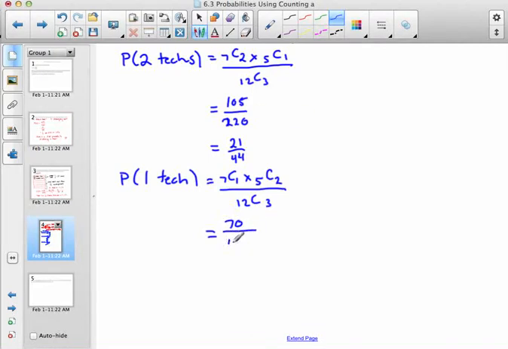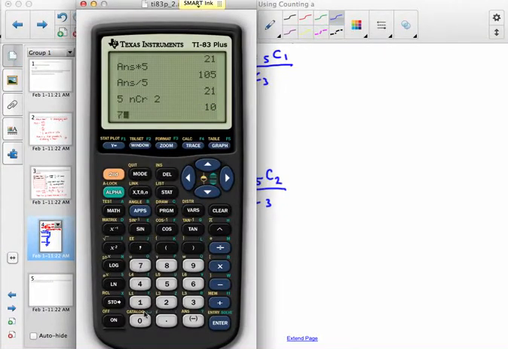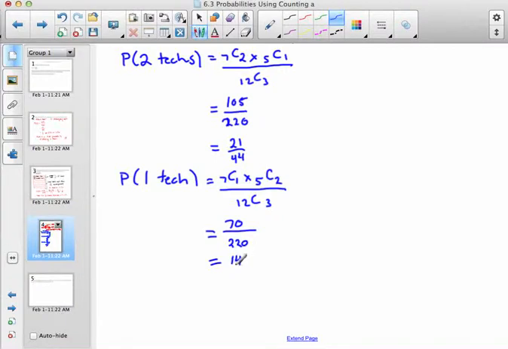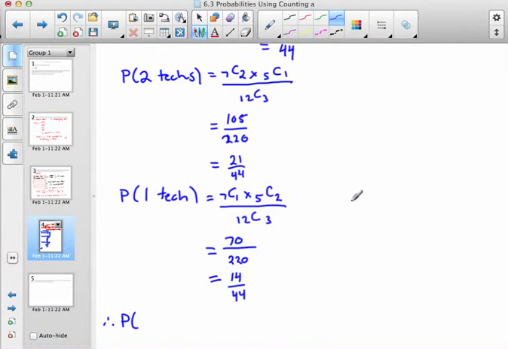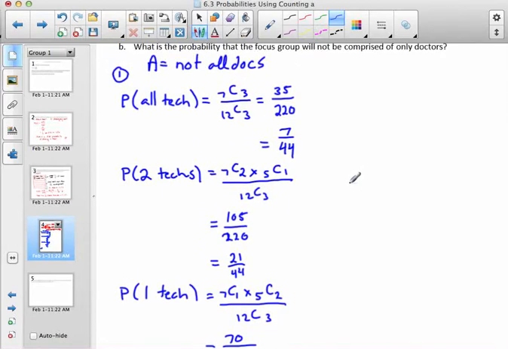So 70 over 440. Whoops, not 440. 220. Or 70 divided by 5. So 14 over 44.